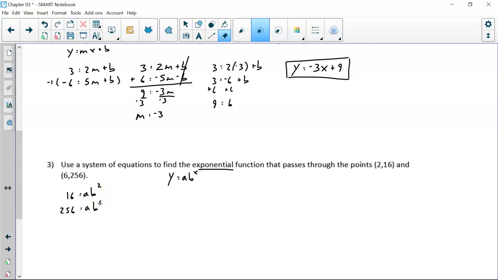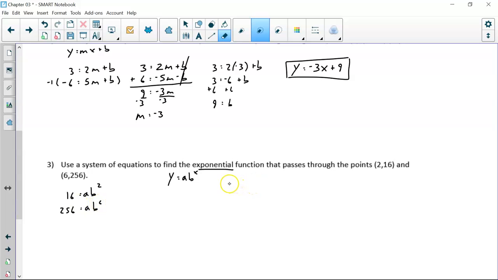Now, we can use a system, and since this is multiplication, we can divide. I'm going to stack these equations. I'm going to put the one with the highest degree for b on top.